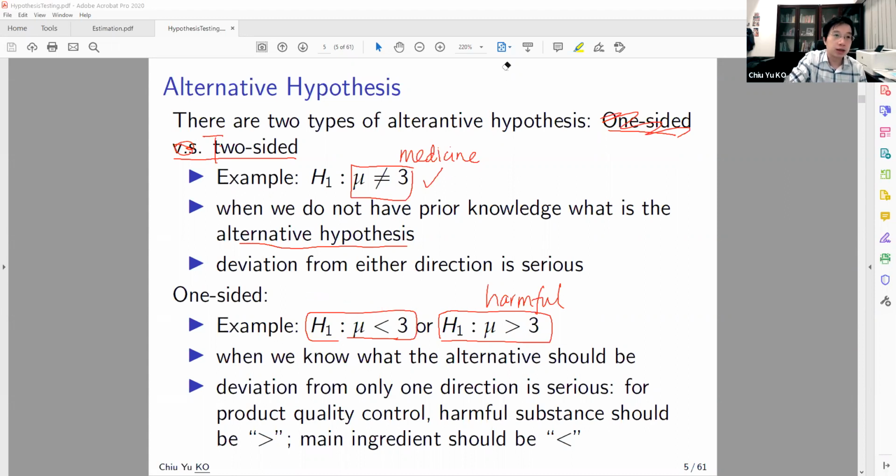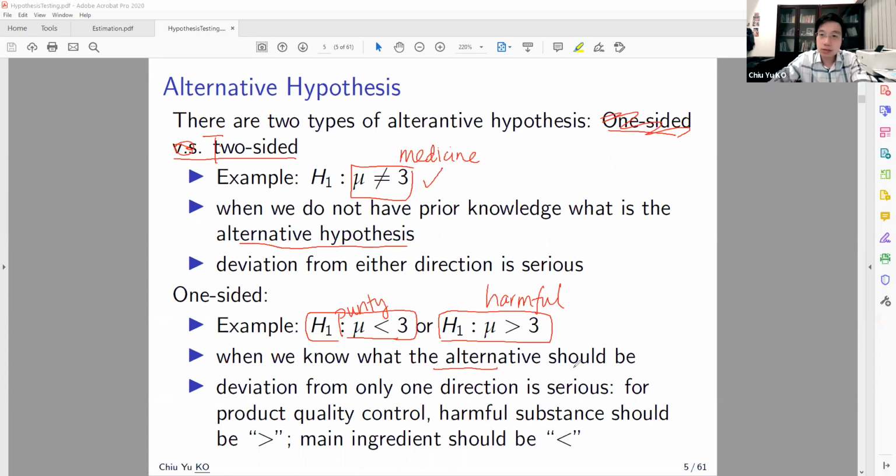You want the purity to be not less than that. If less than that amount, then it would be a big concern for you. So we know the alternative should be, in other words, one-sided would be important.